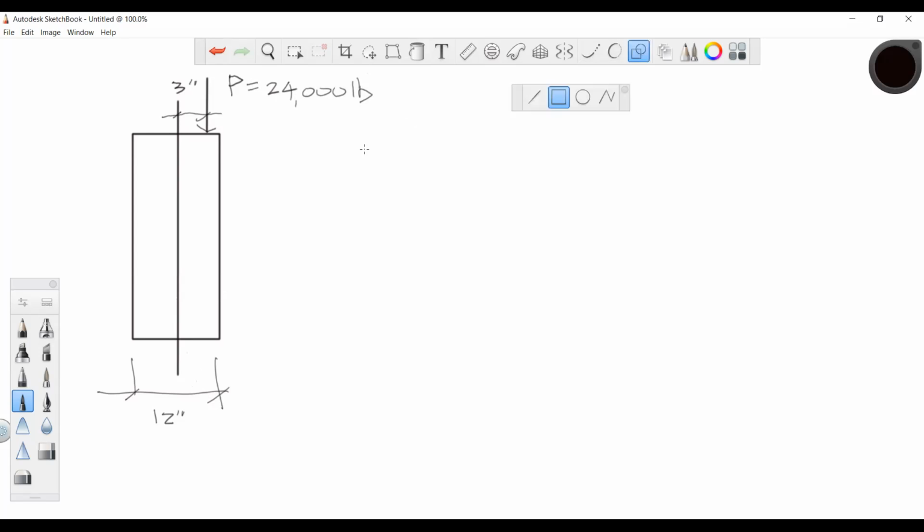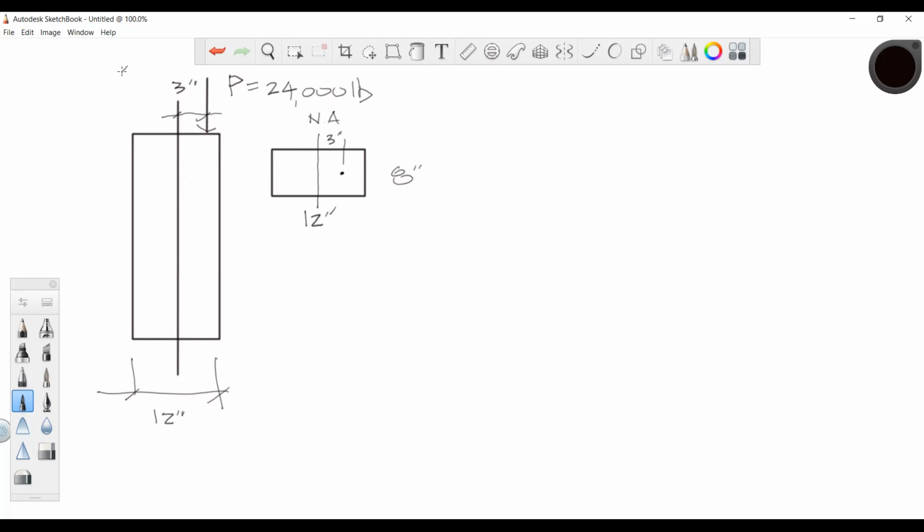If we look down on this in plan view, this face is 12 inches on the column, and this piece is 8 inches, which we can't see because it's coming at us. So the neutral axis is right here, and my force is coming down right there, located 3 inches off of the neutral axis. Does everybody see what I'm getting at now?